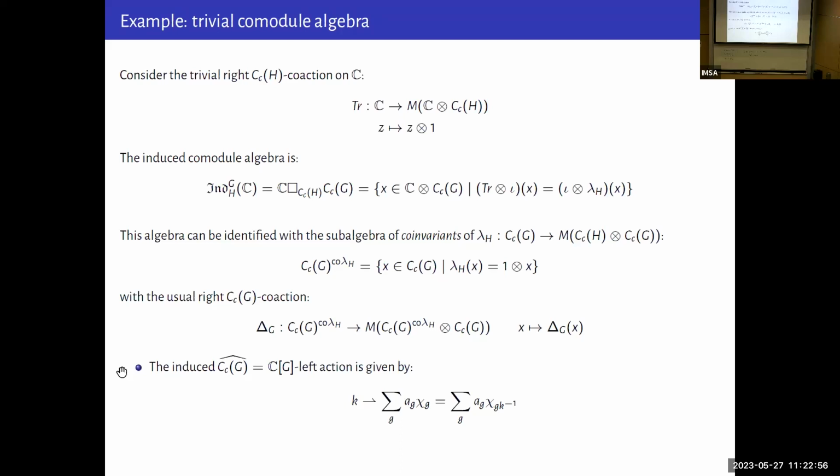What is the action of the group algebra? Well, an element k of the group acting on an element of this induced algebra is just the translation, k inverse multiplied in the characteristic function. This is the left action of the group.